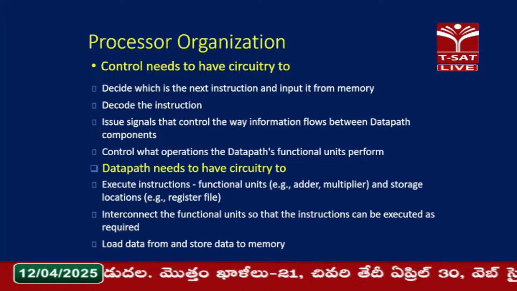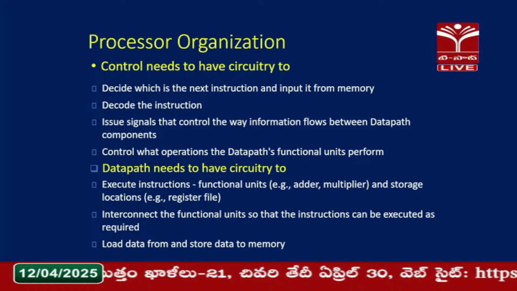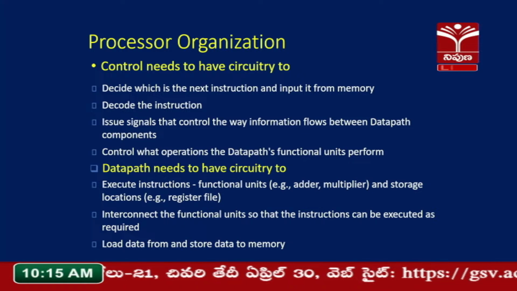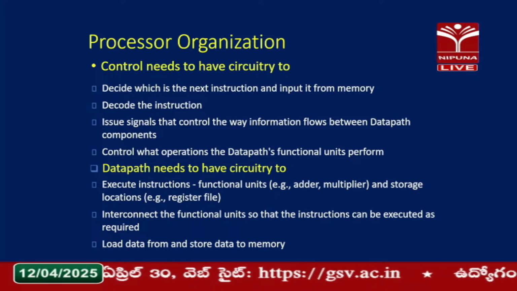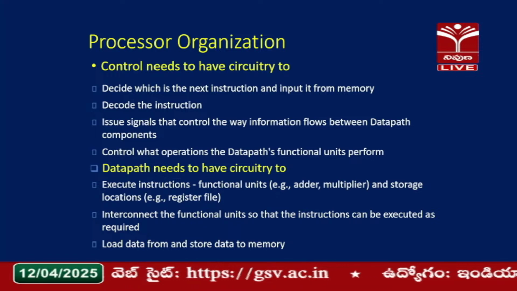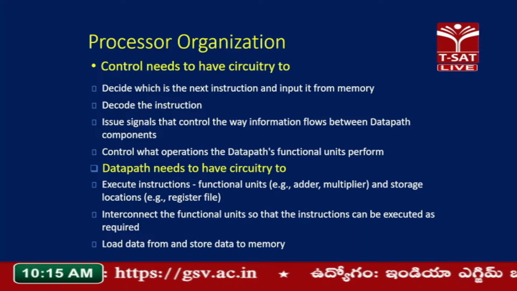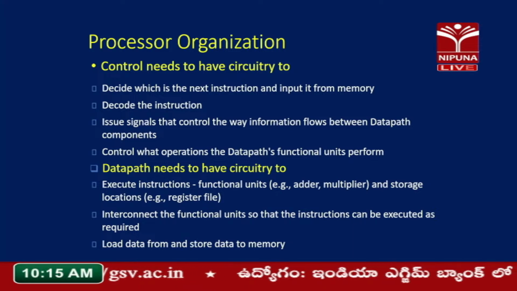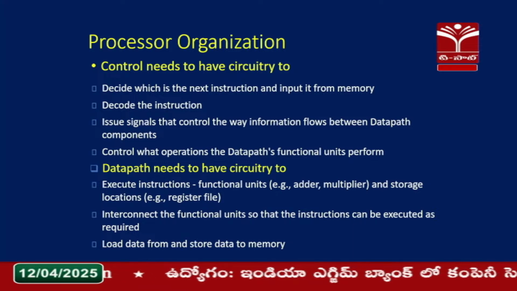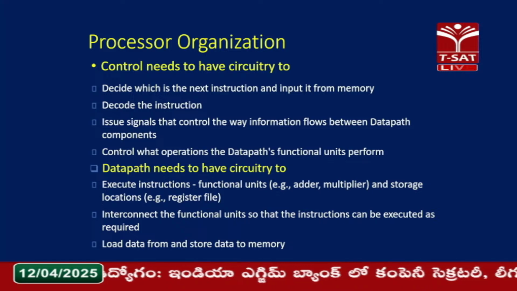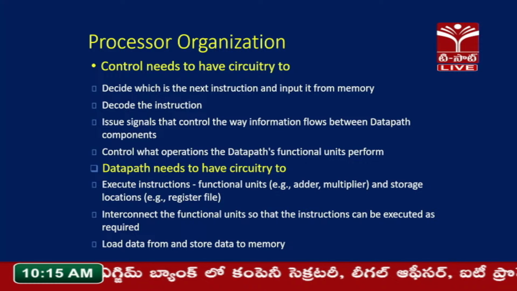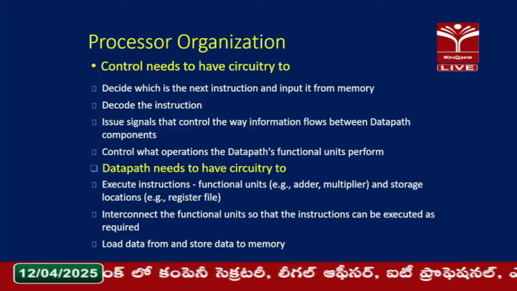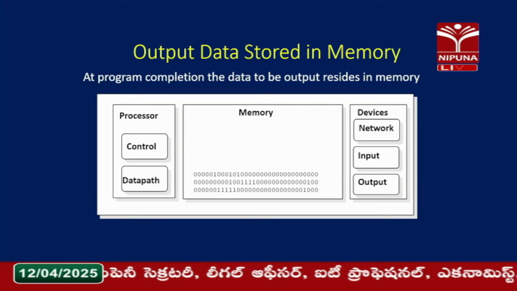And the data path is the actual data path where you have the adders and multipliers and logical functions like exclusive or and or, and the barrel shifters when you have a shift instruction. All of those are part of the data path. And also you have things related to loading and storing the data from the memory, because most of the data is residing in the memory.